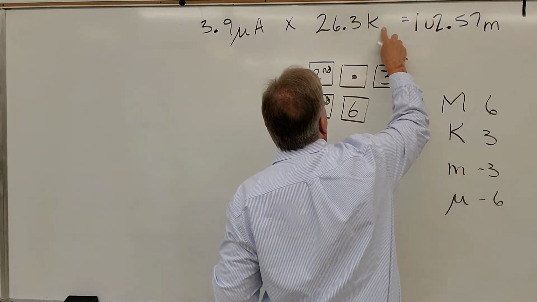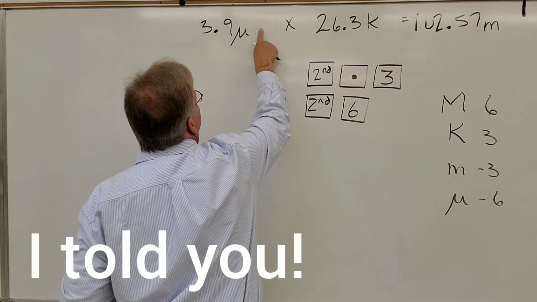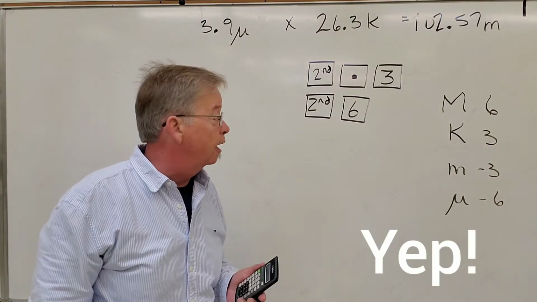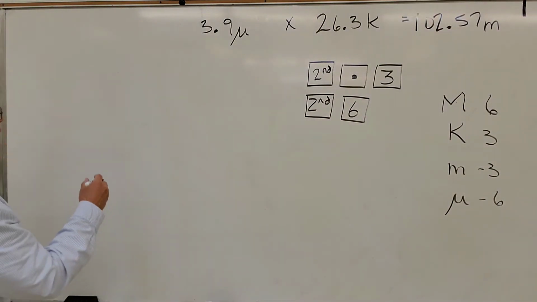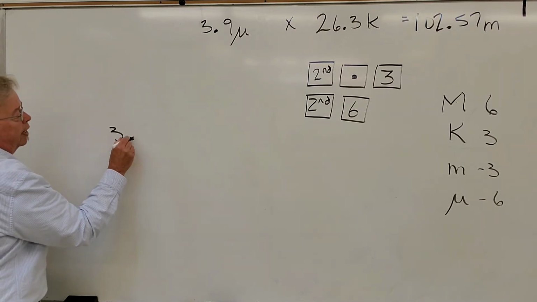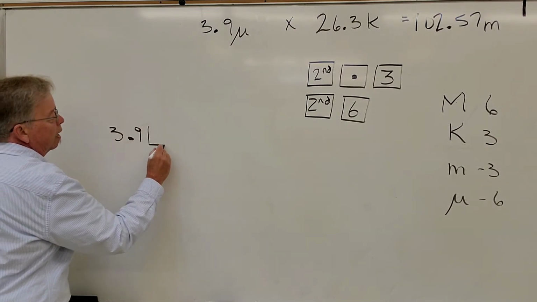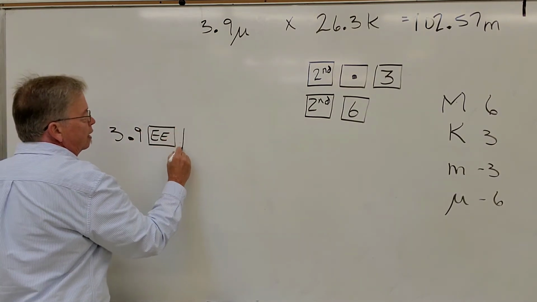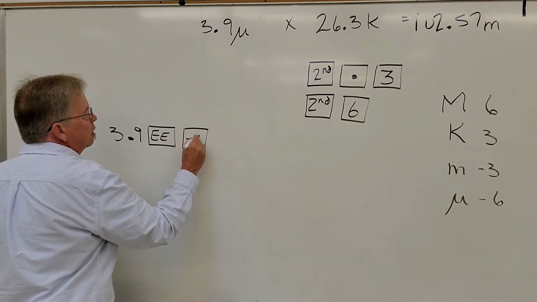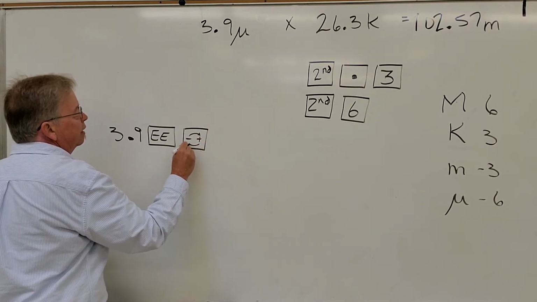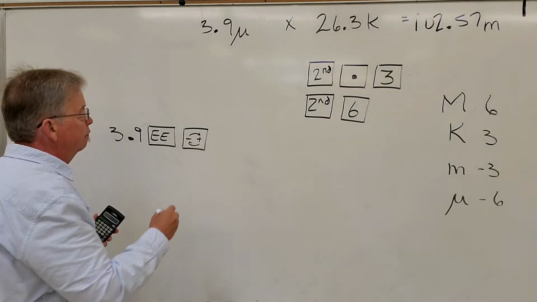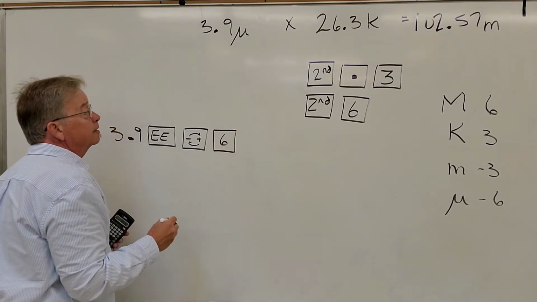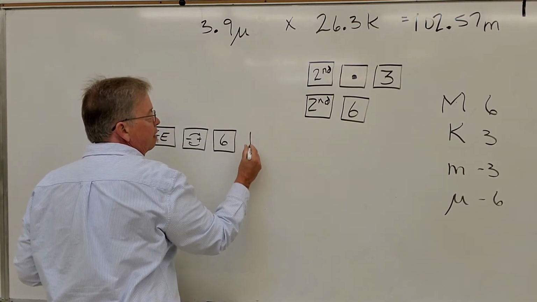All right. Now the units at this point really don't mean anything because we're not solving for anything. We're really just learning to use the calculator. So what did I do? I entered in 3.9, and then I hit my EE key, enter my exponent, and then I hit my change sign key. That's that one, made it negative. Then I entered in the 6 because micro is -6. Then I said times.